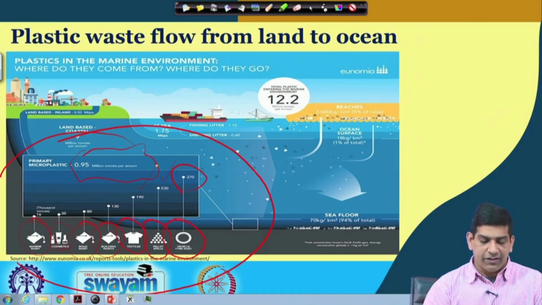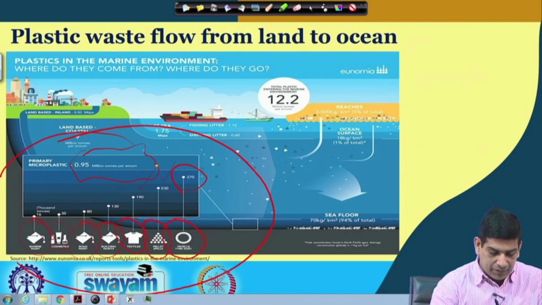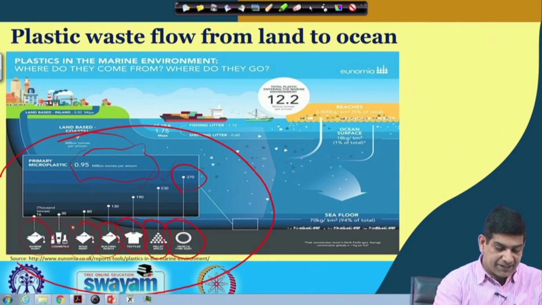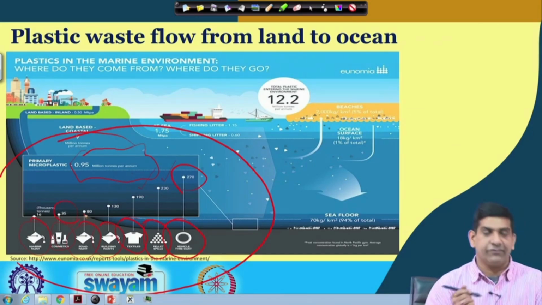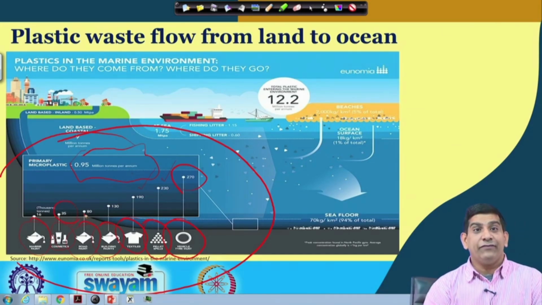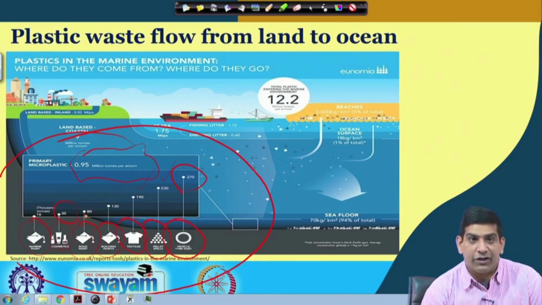They are not in millions, they are in thousands. And then we have building paints, road paint, and cosmetics. Cosmetics are 35,000 tons. 35,000 tons of microplastics are used in the cosmetic industry, and these are all per year figures.